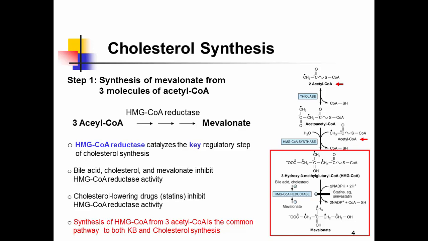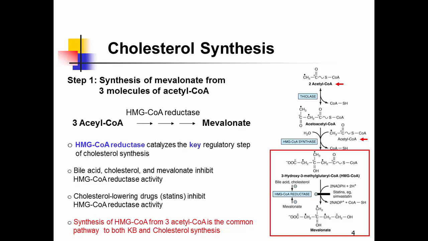So HMG-CoA reductase converts the HMG-CoA, which is initially synthesized from 2 acetyl-CoA molecules and 1 acetoacetyl-CoA, and converts this molecule to mevalonate, right?